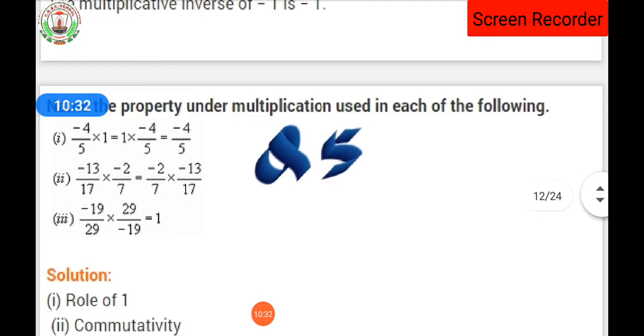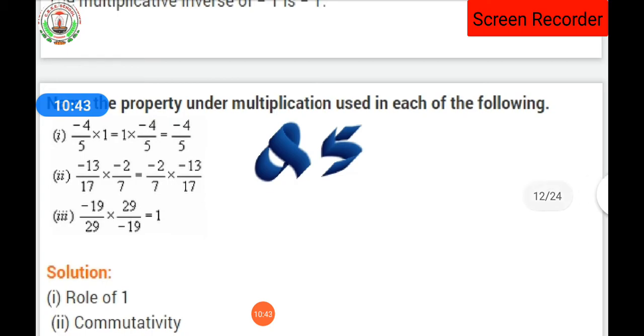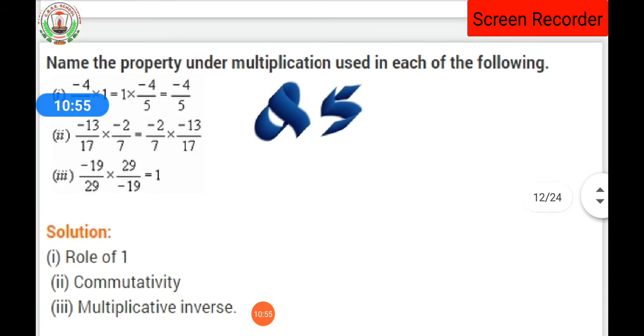Here minus 4 upon 5 into 1 is equal to 1 into minus 4 by 5 is equal to minus 4 by 5. So which property is it? Here we multiplied a by b with 1. So a by b means it is a rational number. When a rational number is multiplied with 1, the name of the property will be the role of 1 under multiplication.